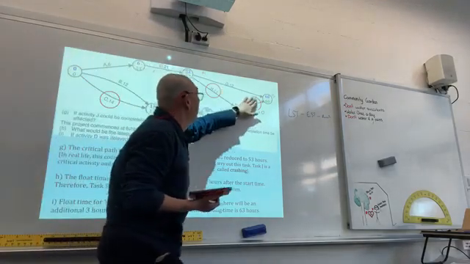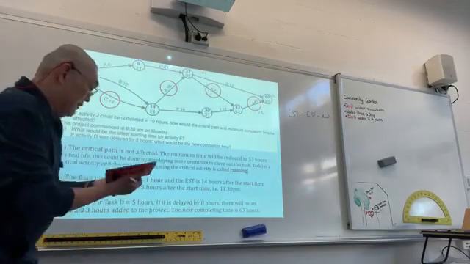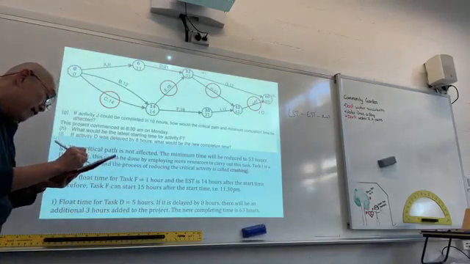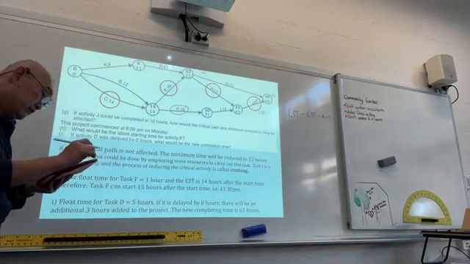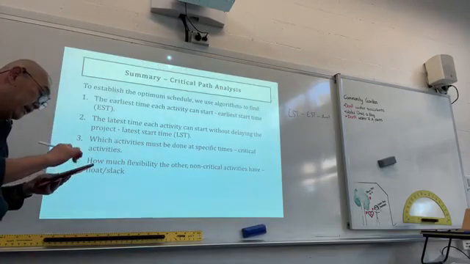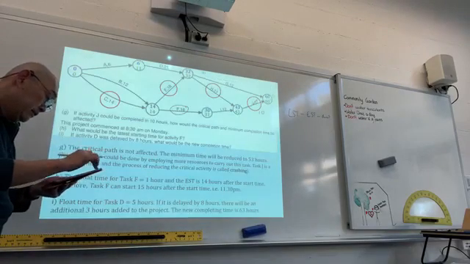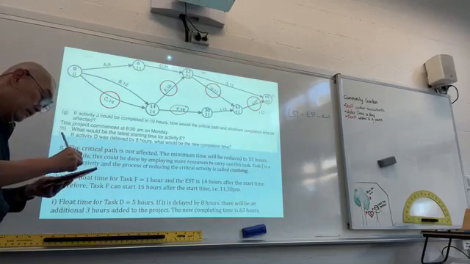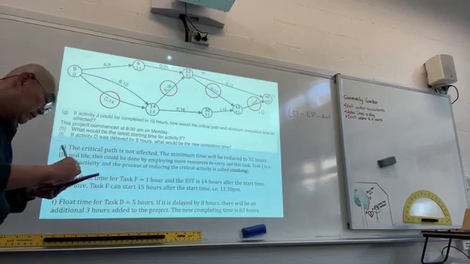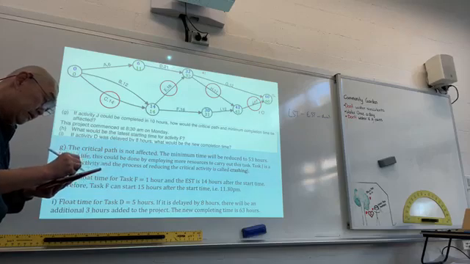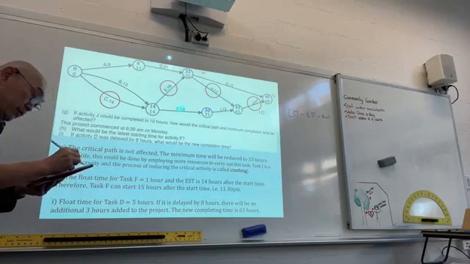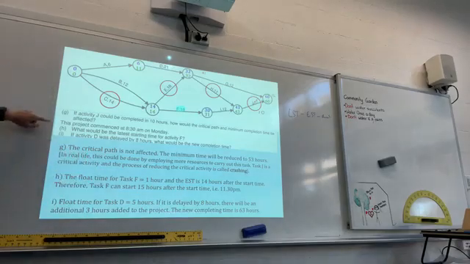I'm going to circle F, using a different color just to highlight that. And that will link to this question here. What would happen with the latest start time for F?